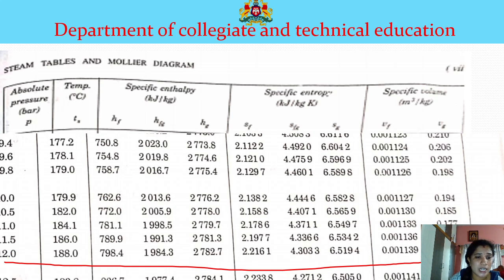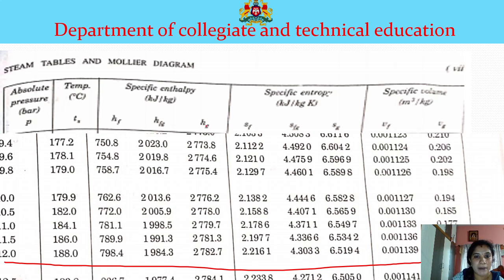So the initial condition was at 12 bar. For the 12 bar, the saturation temperature is 188 degrees Celsius. HF is 798.4, HFG is 1984.3 and Hg is 2782.7. Since this problem is only oriented to find the enthalpy, I will not look at the other values.